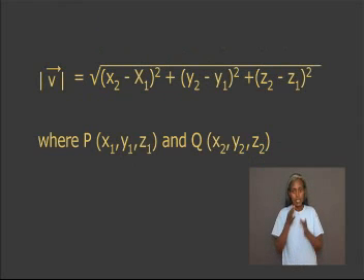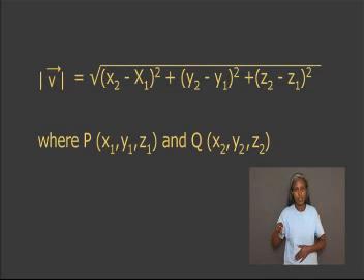If the initial point of the vector is at a given point P and the terminal point is at Q, then we can use this formula instead. Please make a note of this. Let us apply these formulas in an activity.